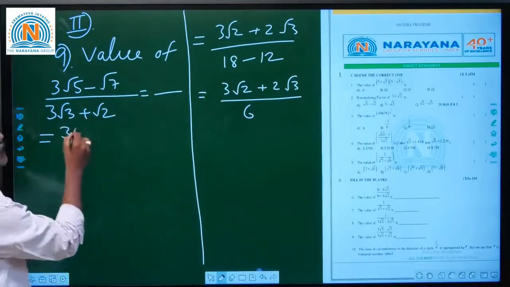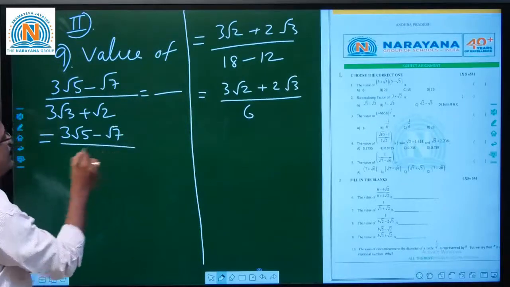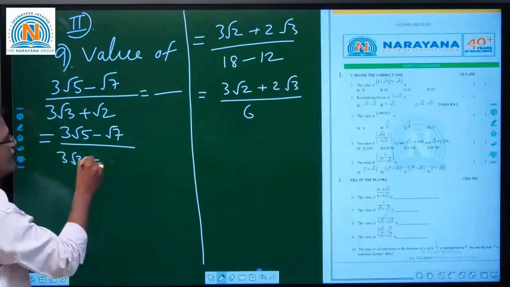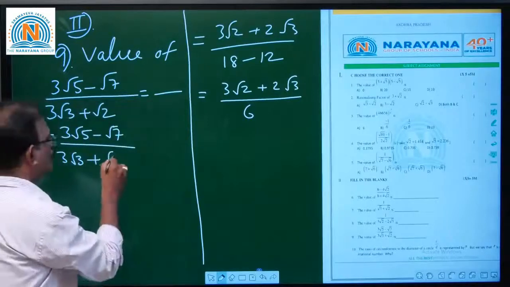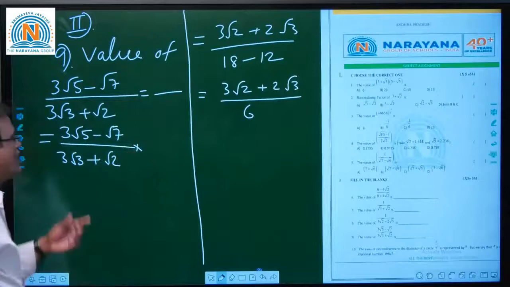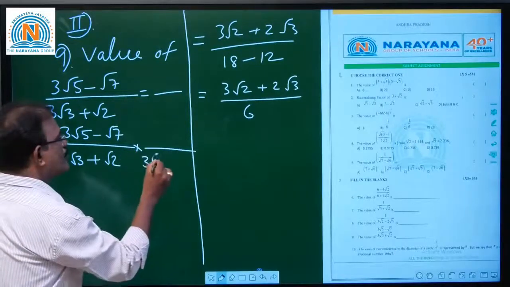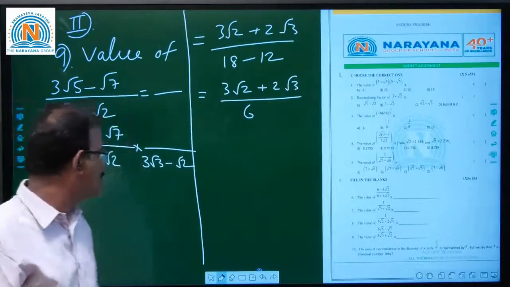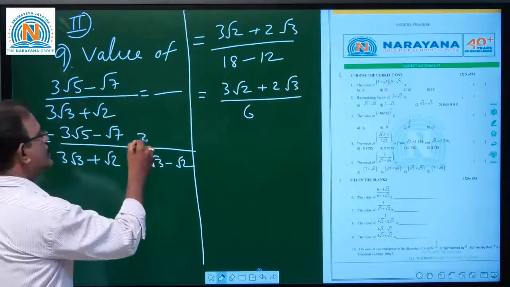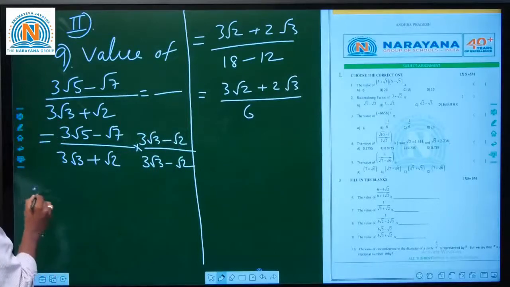So 3 root 5 minus root 7 by 3 root 3 plus root 2. So what is the rationalizing factor of the denominator? Its conjugate, 3 root 3 minus root 2. Take the same value in the denominator and numerator also.